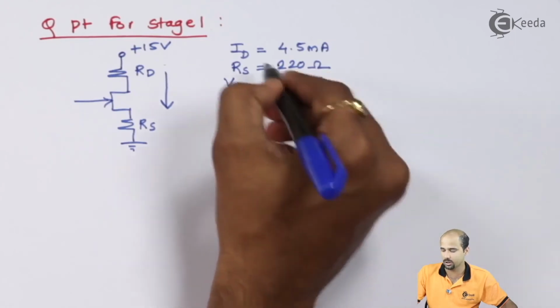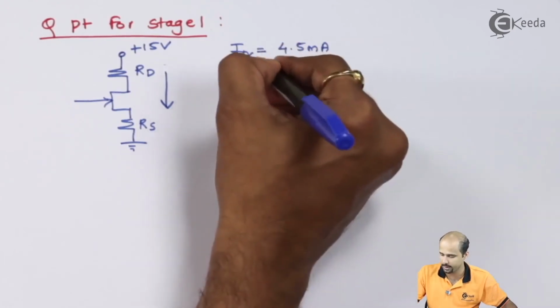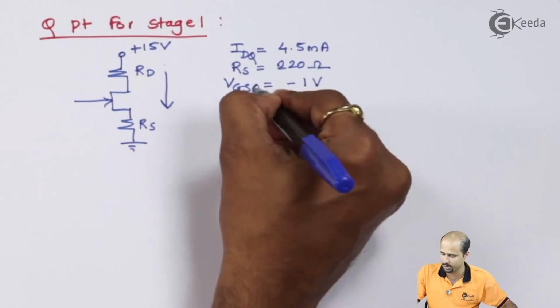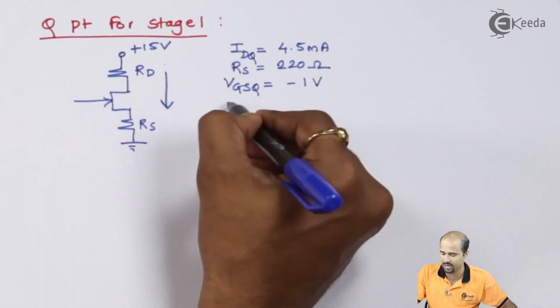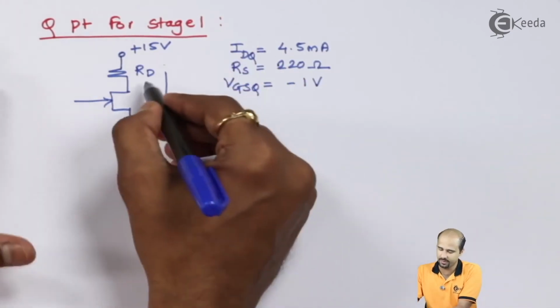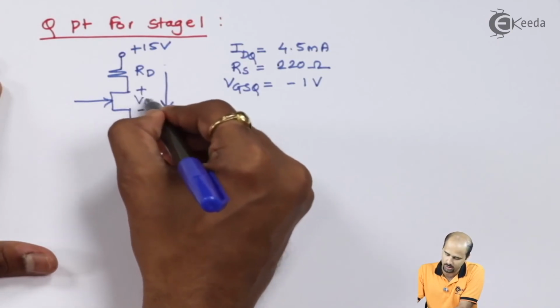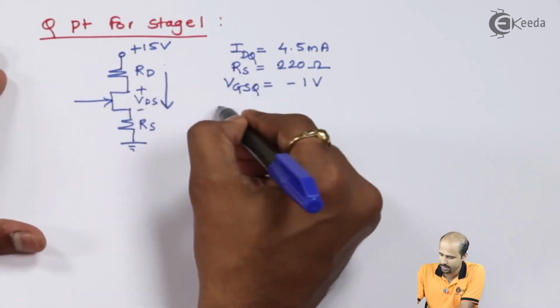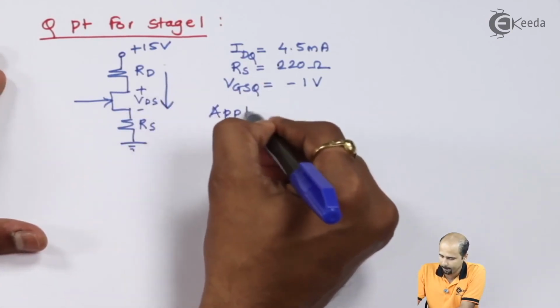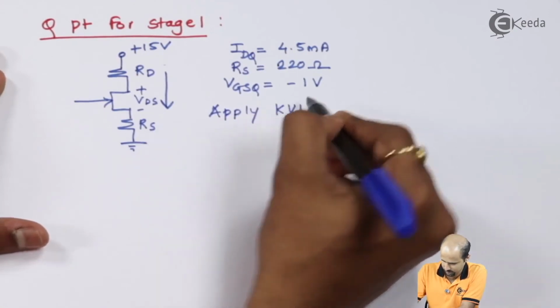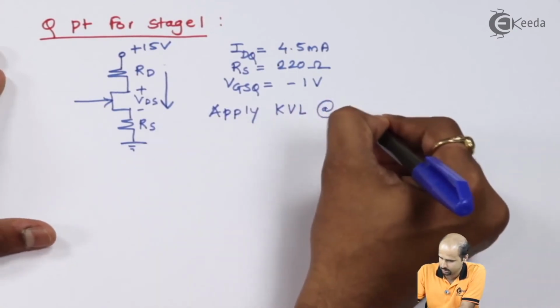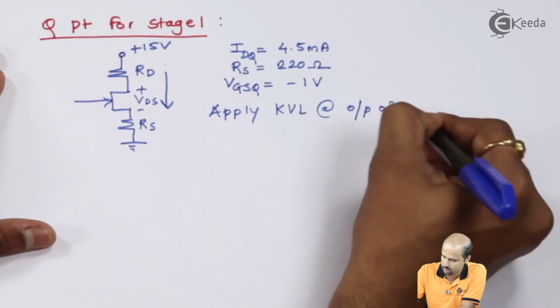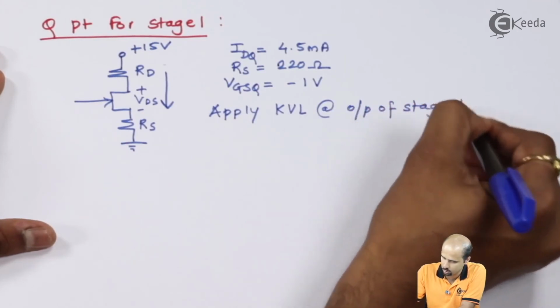So that is one of the Q point values I can say. So IDQ is equal to 4.5 milliampere, VGSQ is equal to -1 volts. We have to find out the VDSQ. So this is nothing but the VDSQ. So I can say apply KVL at the output of stage 1.